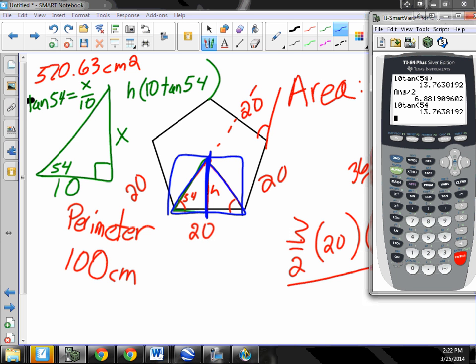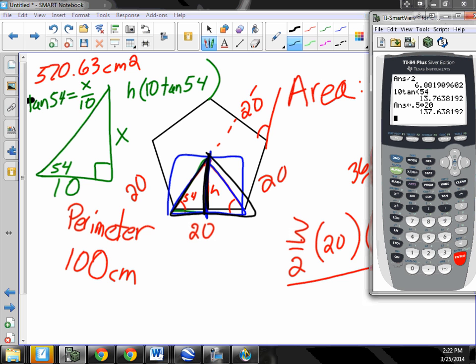So 10 tangent of 54, 13.76. So that's the height. To find the area of one of these little triangles, times by 0.5 and times by 20. Everybody follow there?